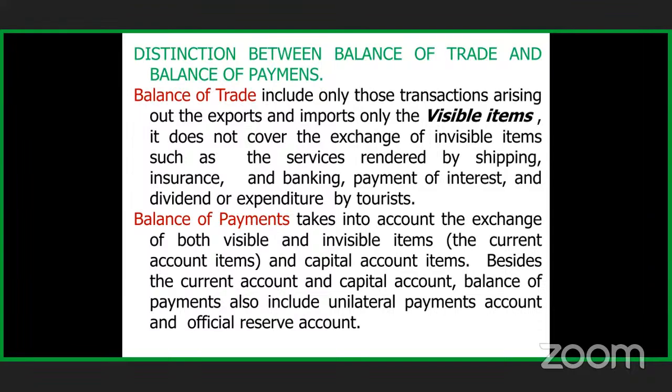So, visible and invisible items transactions or account is known as current account items. Whereas the capital transfers between various countries are recorded in capital account. So, balance of payments consists of two accounts, current account and capital accounts.